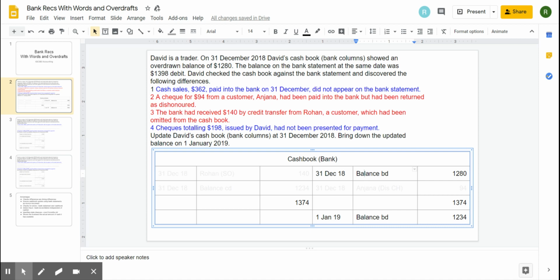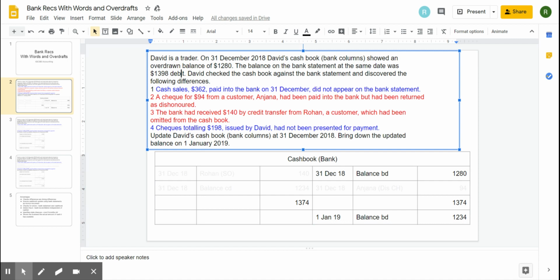And that also means an overdraft, because remember, what the bank statements send out is a copy of their account with their customer, which is the business, in this case, David. And from their point of view, David is an asset because he owes the bank money. So he's also overdrawn on the bank statement.